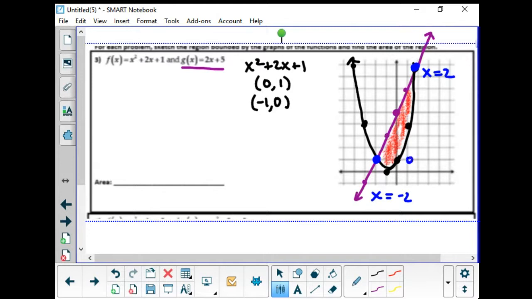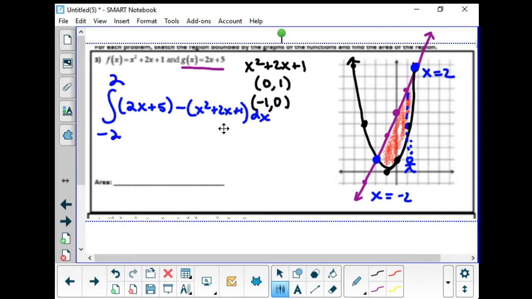If you're standing right here, the line is higher than the parabola. So this will be the integral of 2x plus 5 minus x squared plus 2x plus 1, dx from -2 to 2.